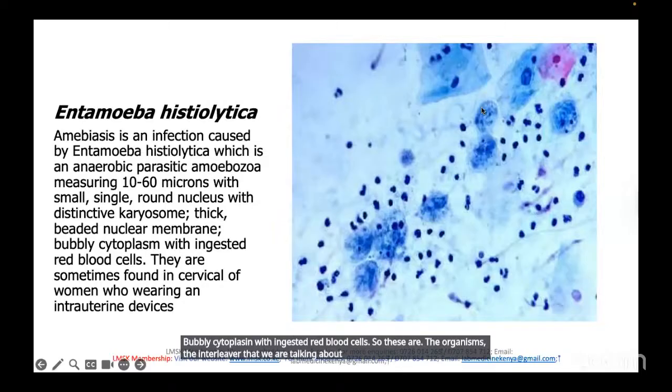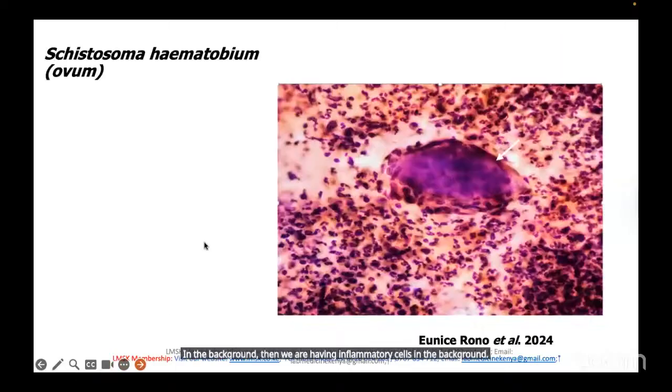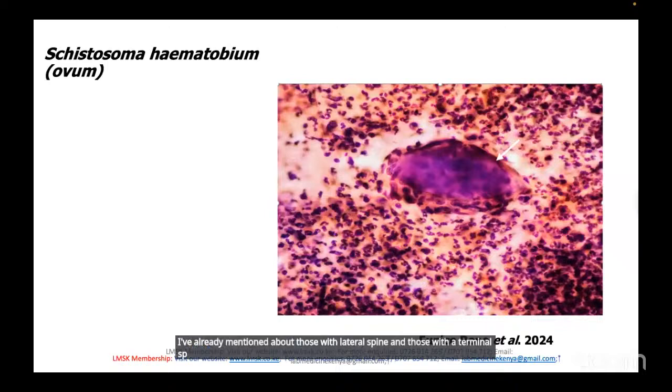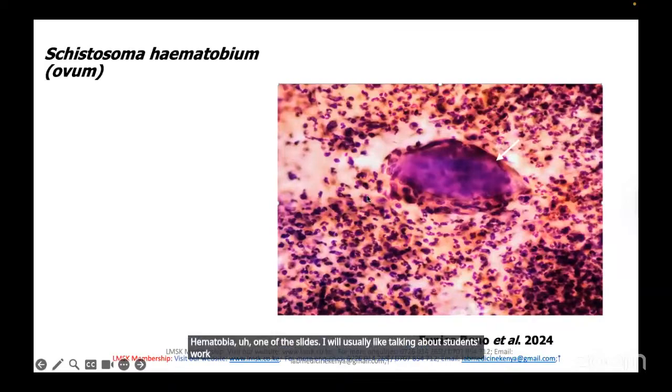So many of them in the background, and then we have inflammatory cells in the background. What about Schistosoma haematobium? I've already mentioned those with lateral spine and those with terminal spine. This is Schistosoma haematobium, one of the slides. I usually like talking about students' work because we've not copied this from the internet, courtesy of Eunice Rono et al.